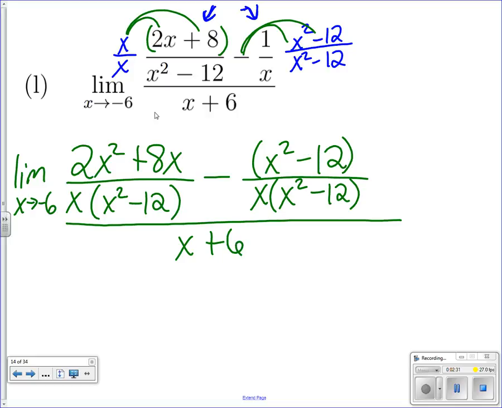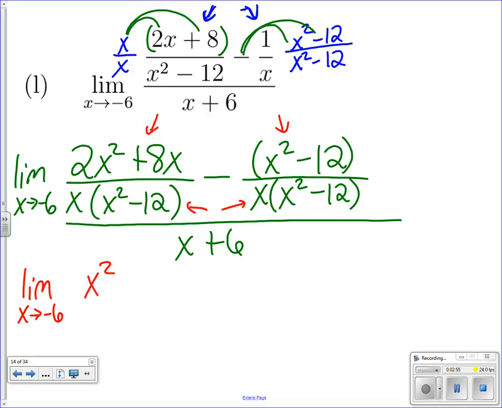So now that they have the exact same bottoms on the top fraction, we can combine for the top fraction. We have 2x squared minus x squared.